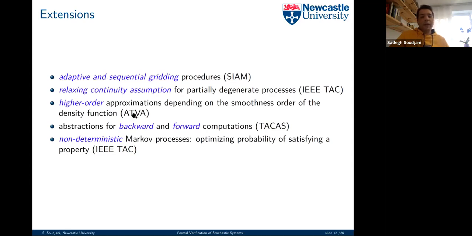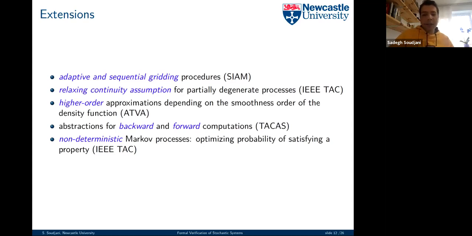I have also developed some techniques for higher order approximations, because the error that I showed you depends on delta. You can have powers of delta, like delta to the power 2, delta to the power 3, and so on. This helps us to improve the computational complexity of the approach.